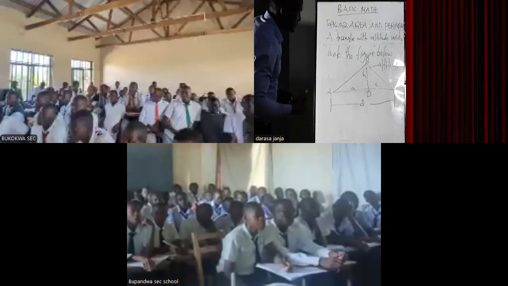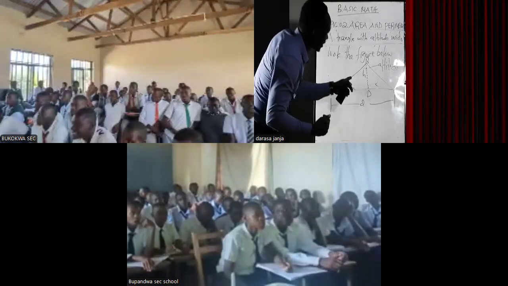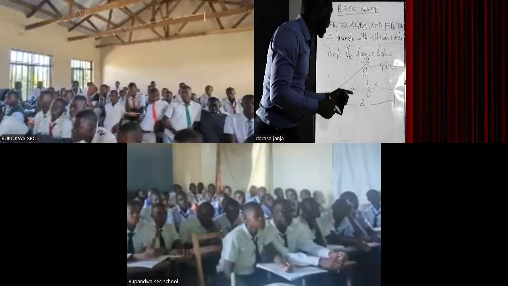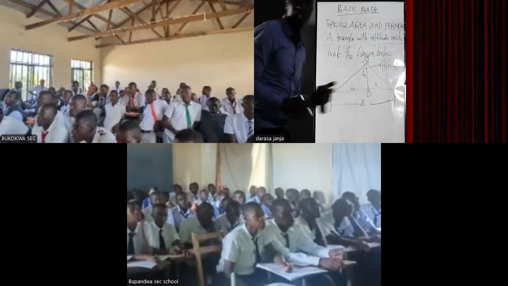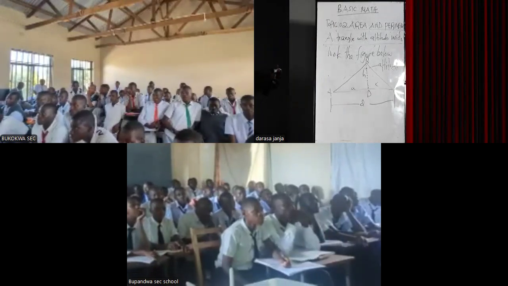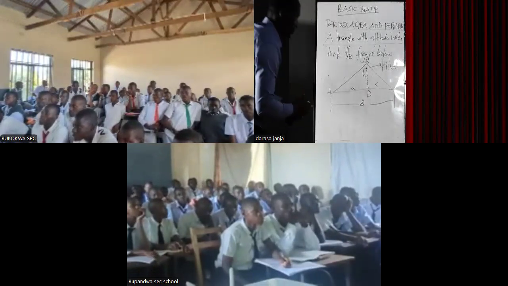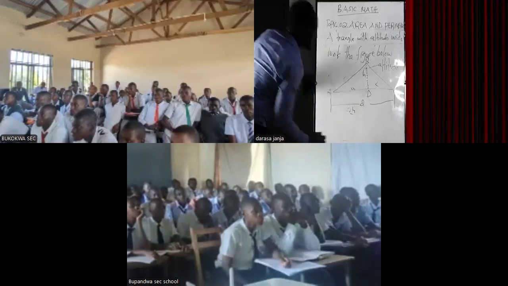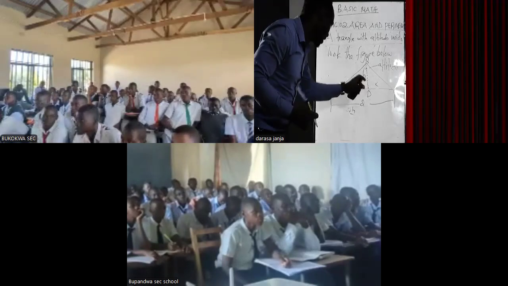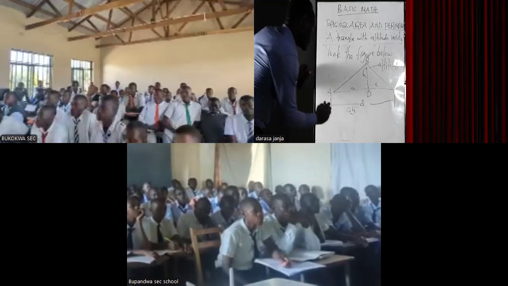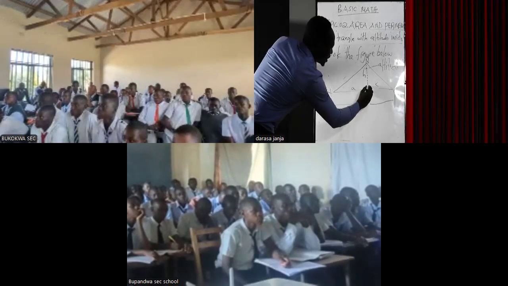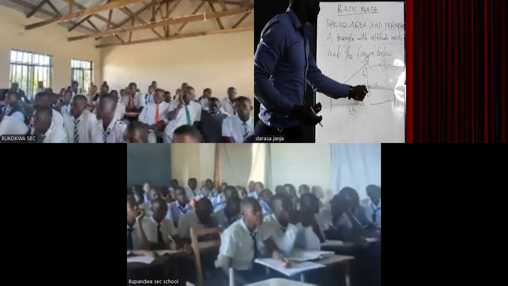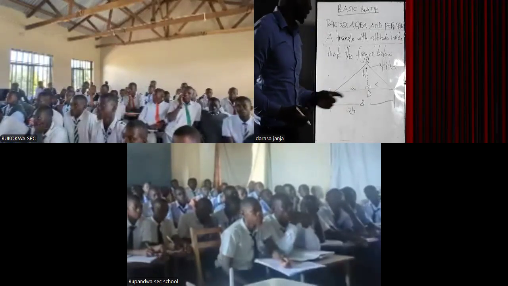So for this case, we need to find the area of the first triangle, and then we're going to add the area of the second triangle. So let me show you how to do it. So for this case, solution, we're just finding the formula for this kind of triangle. As we have told you before, this is the first right angle triangle, and this is the second right angle triangle.